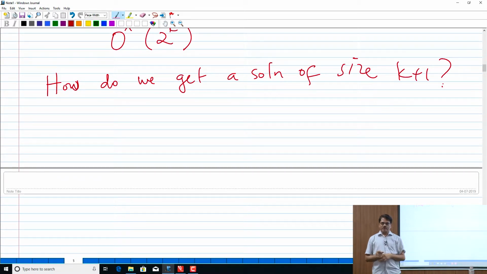Can you give me a k plus 1 sized solution for some subgraph of the graph? Let us say the vertices are 1 to n. I really want a k plus 1 size solution for the original graph. If you give me that, I can solve my question in 2 power k time. But I don't know how to get the k plus 1 size solution. But now I am asking a question for some subgraph of the graph. Can you give me a k plus 1 size solution?